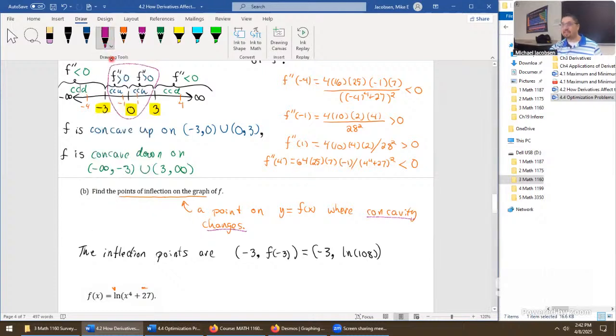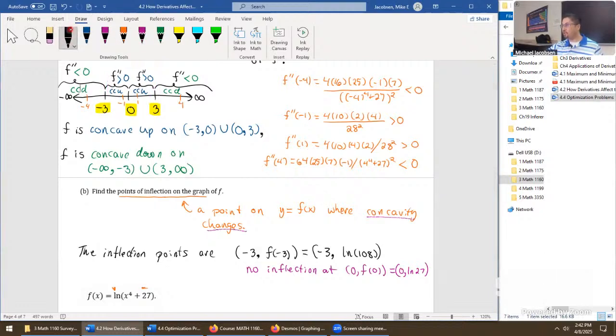That's tricky enough to write down as a separate comment. Let's say here, no inflection at 0. f at 0, which is a point on the graph at 0, natural log 27. So we didn't have any inflection point. Concavity stayed the same across both.